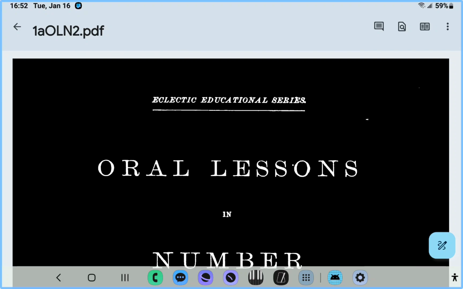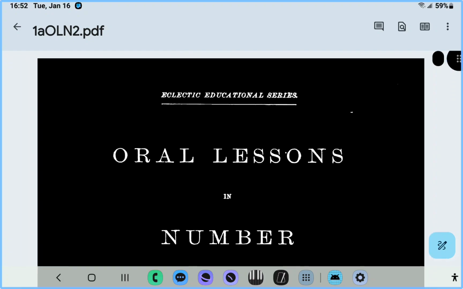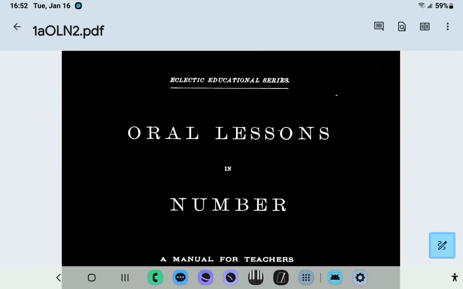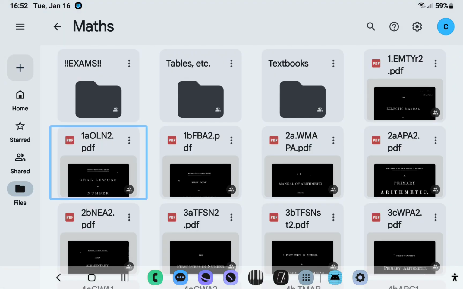Zoom 697%. Is this the one that I want? Page 1. I don't think this is. That's not the one I clicked on. Button. Drive. Double tap to activate. Textbooks folder, shared textbooks, row 3 column 3.